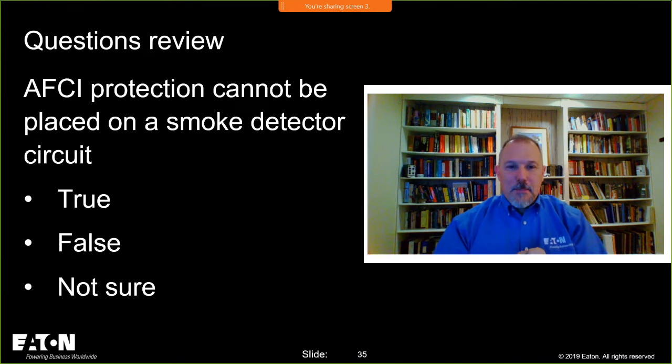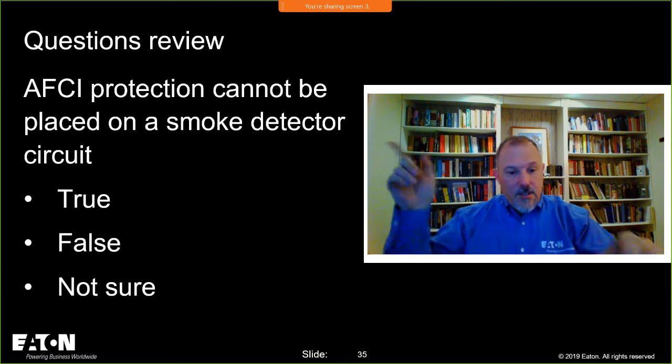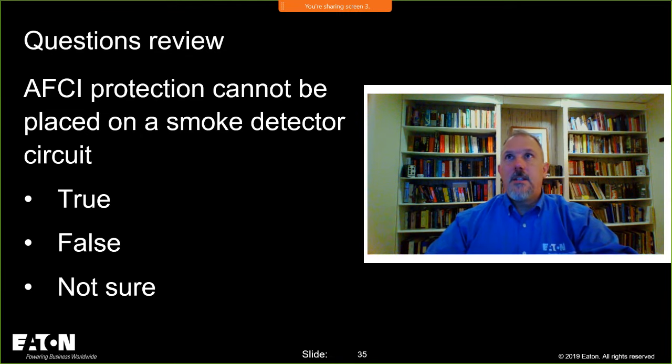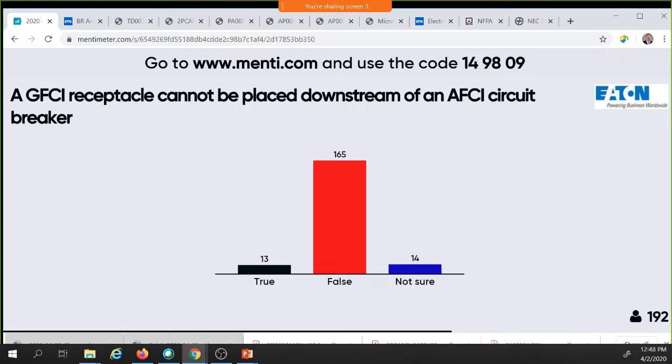So, AFCI protection cannot be placed on a smoke detector circuit. There is a difference between smoke detectors and smoke alarms. Now, I'm going to see what everybody said. Let's do a quick look at what people said. A GFCI receptacle cannot be placed downstream of an AFCI.